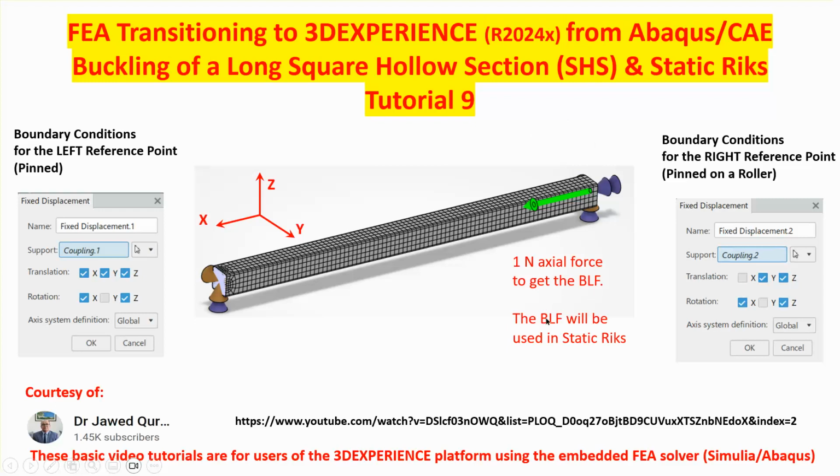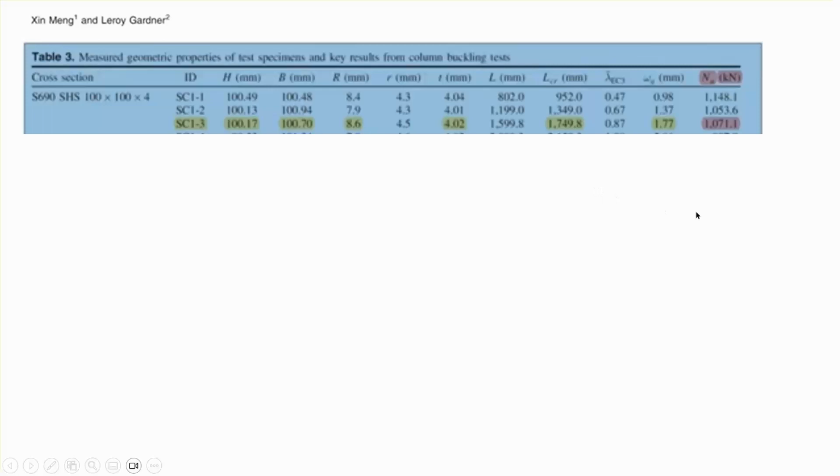And then once I have that load factor, I will actually apply that load factor and let this thing deform. Of course, it's going to buckle below that load factor, and that's where nonlinearity is going to be taken into account.